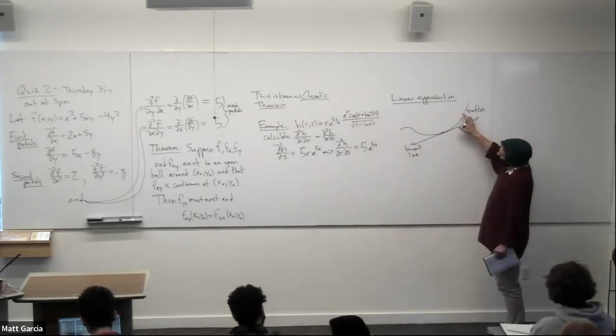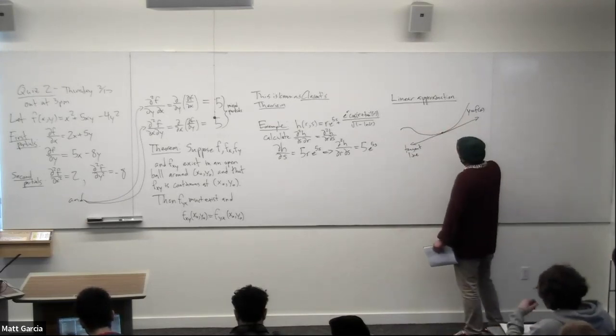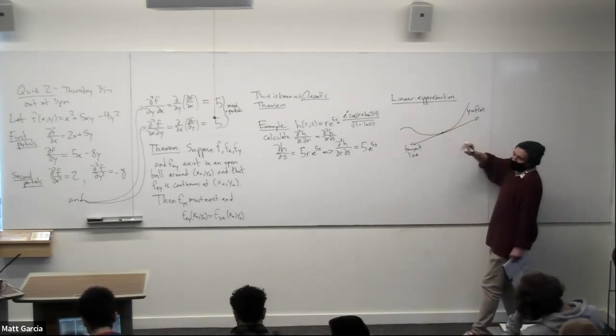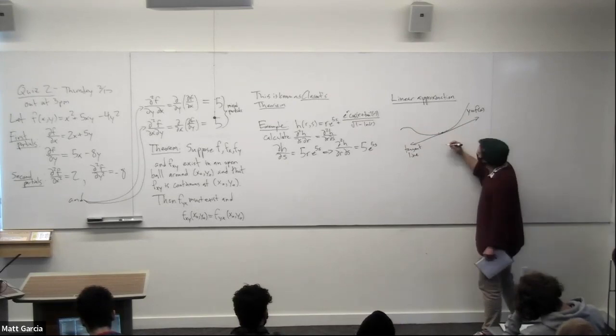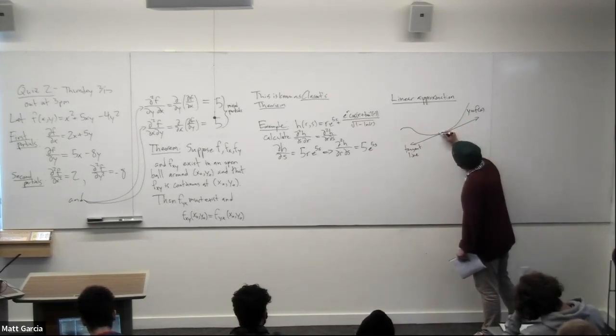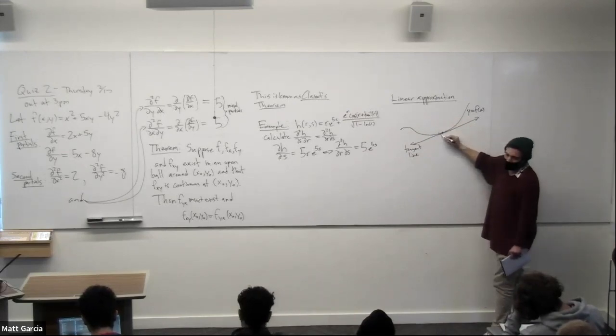I don't know what the formula of this graph is, but if I happen to know the derivative here, I can write a tangent line, and in a small neighborhood of that point, I can come up with a fairly decent approximation of the value of the function there by just evaluating on a line.